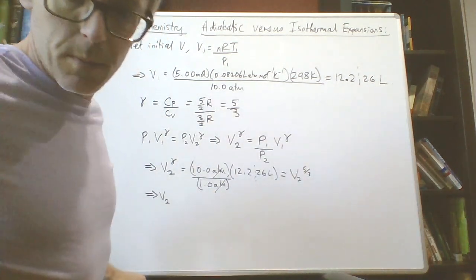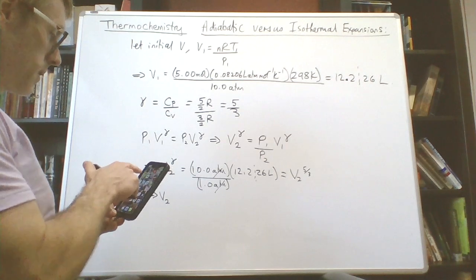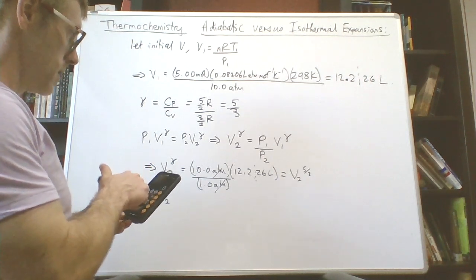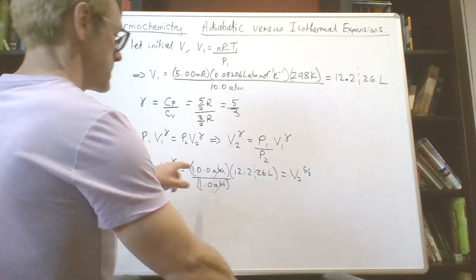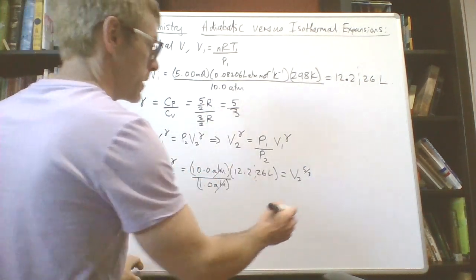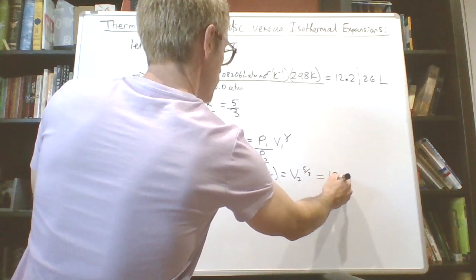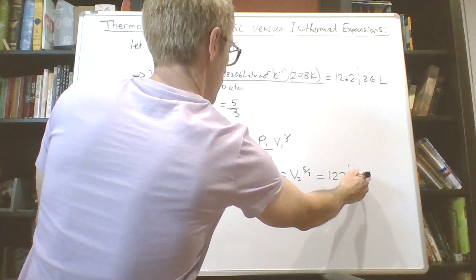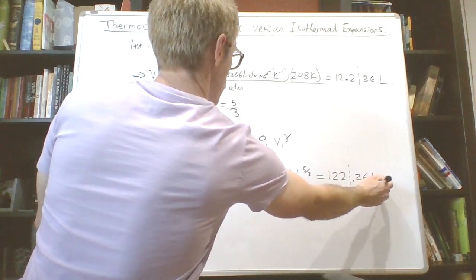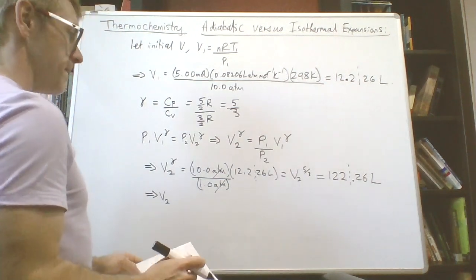Actually, let's see what this would be. I didn't calculate this. It's 10 multiplied by that, so this would be 122.26 liter. So that's an overestimation of what I need.